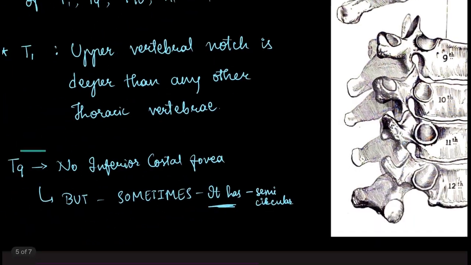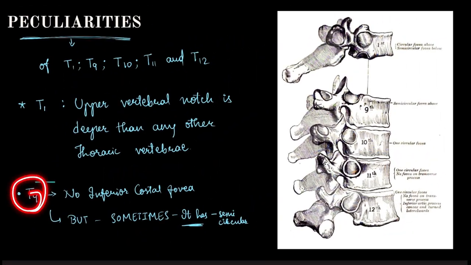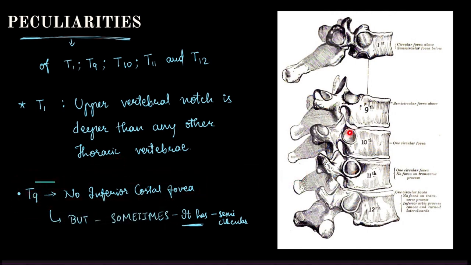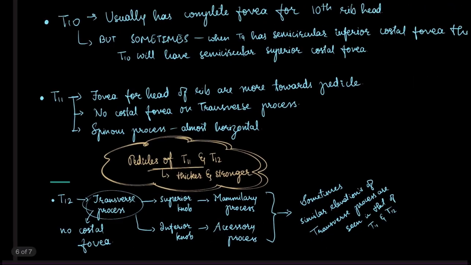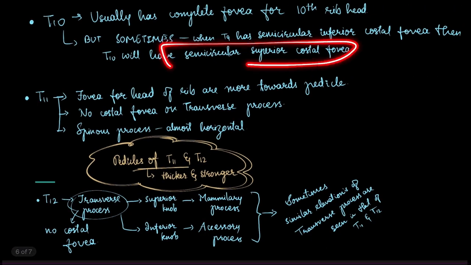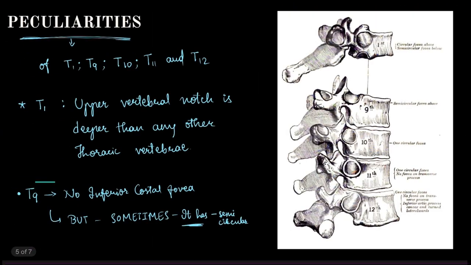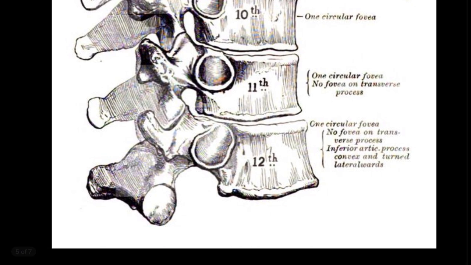This means when 9th thoracic vertebrae does not have inferior costal fovea, 10th thoracic vertebra will have complete superior costal fovea. When 9th thoracic vertebrae has a semicircular costal fovea, 10th thoracic vertebrae will have a semicircular superior costal fovea. Clear? Okay.